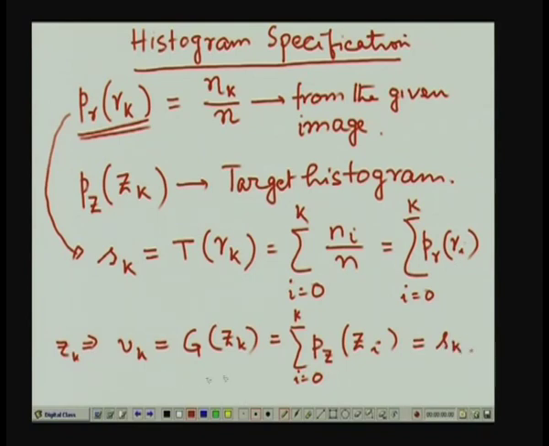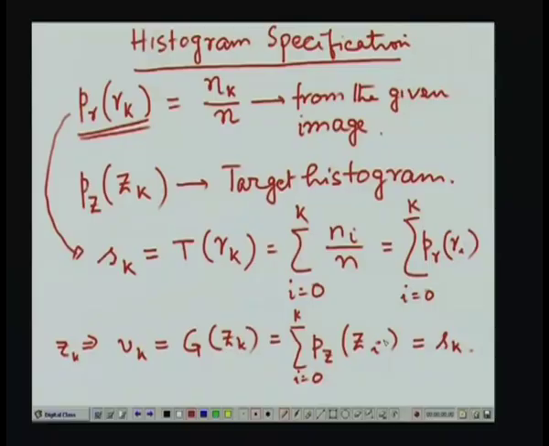So, this intermediate stage, Vk equal to G(Zk), where G(Zk) is the sum of PZ(Zi), i from 0 to k, is a hypothetical case, because we really do not have the image corresponding to the specified histogram.